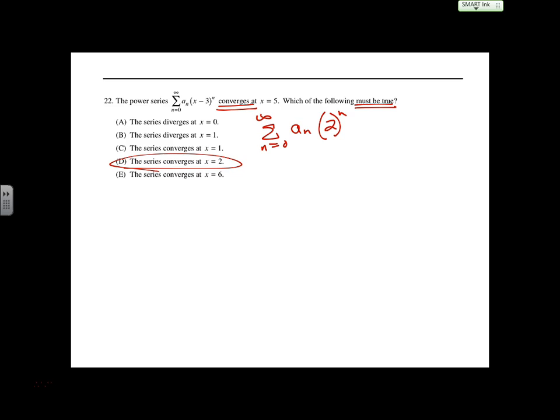It converges, but then C should be able to work too. But we don't know if the limit converges to 0. If the limit converges to 0 and it's an alternating series, it converges. We don't know if it converges to 0.